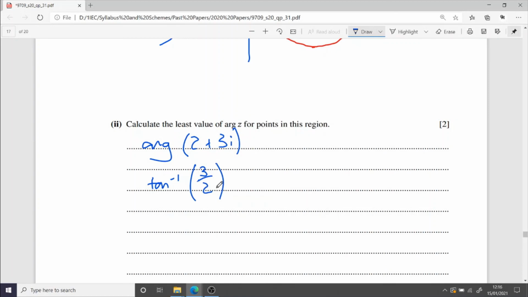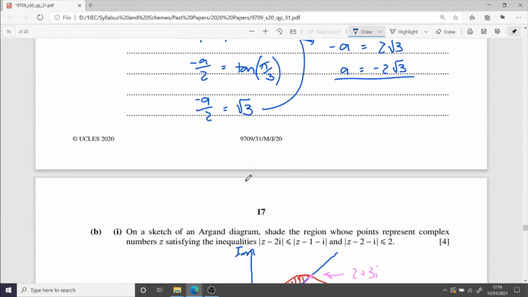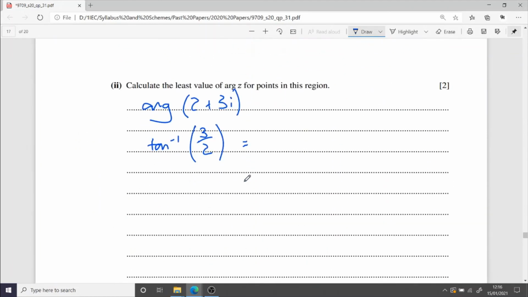And when we work that out, we find it to be, in radians, 0.983 radians.